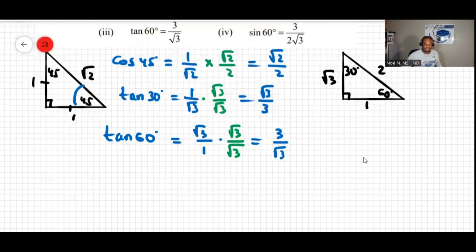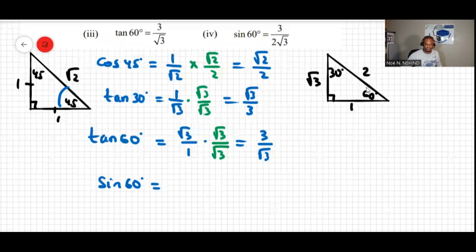And then sine of 60 degrees, I need to prove it can be written like this. Look here, sine of 60 degrees, 60 degrees there. Sine is opposite over hypotenuse. Opposite is root 3, hypotenuse is 2. So it's going to be root 3 over 2.